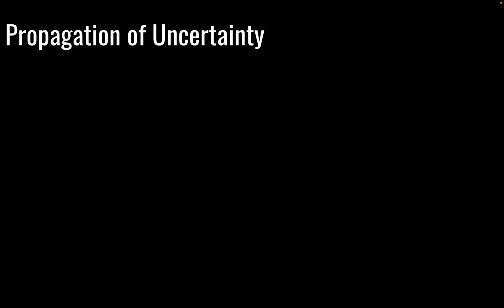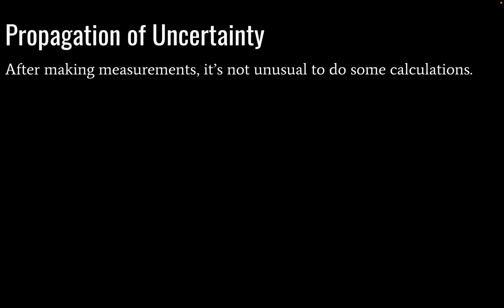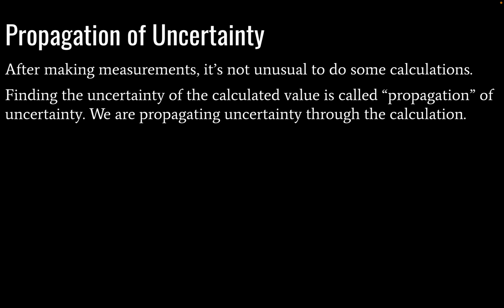Okay, first, propagation of uncertainty. What are we talking about here? After we do some measurements, it's not unusual to do some calculations. So an example of this would be measuring mass and volume and then doing a density calculation, right? So our mass is going to have an uncertainty and our volume will have an uncertainty. And so our density, therefore, must also have an uncertainty.